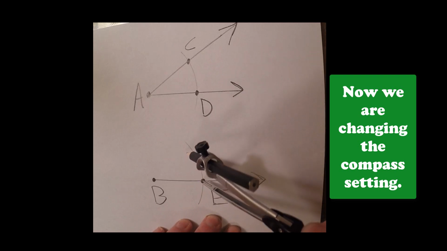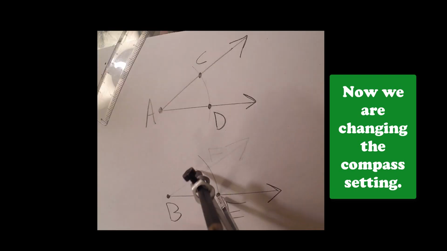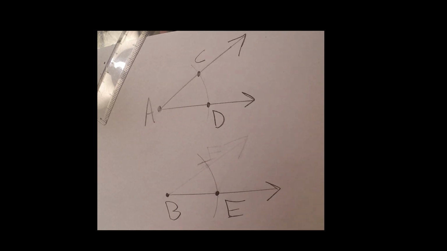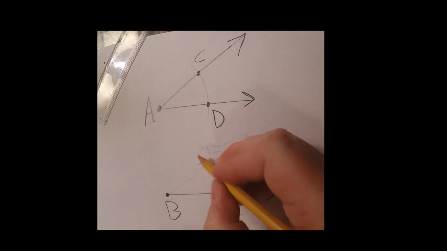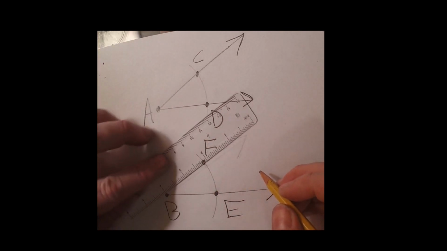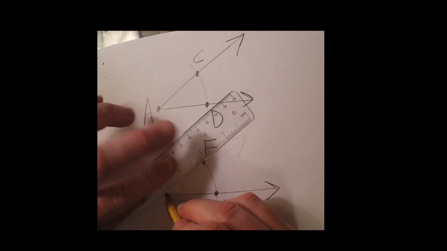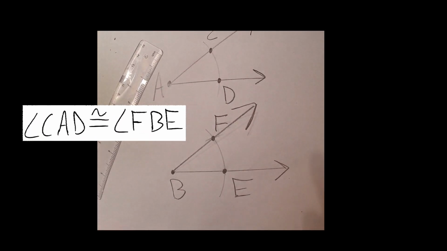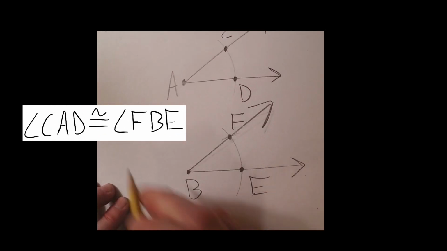Position the compass at E and then make an arc that intersects that first arc that we made, or technically the second arc that we made. Try to make sure that the pencil doesn't move out of position. So we have an arc there, and we're going to mark that intersection point and call it F. Then we're going to draw a ray from B through F, and now we have a congruent angle, an angle congruent to angle CAD.